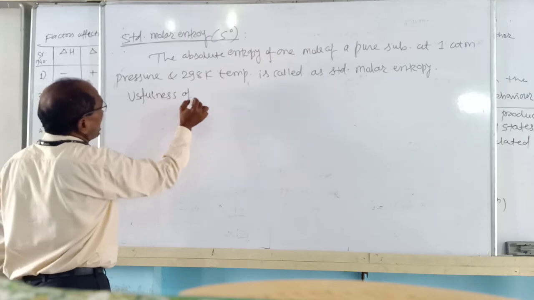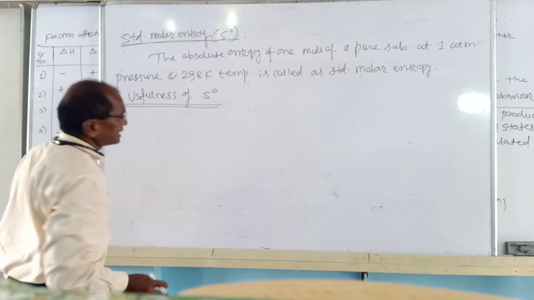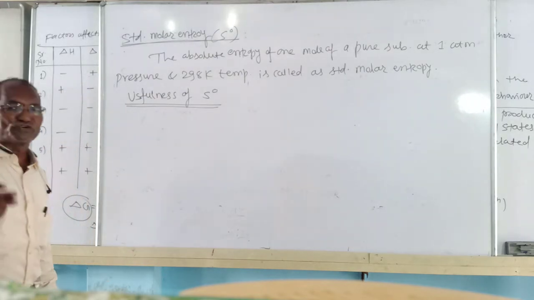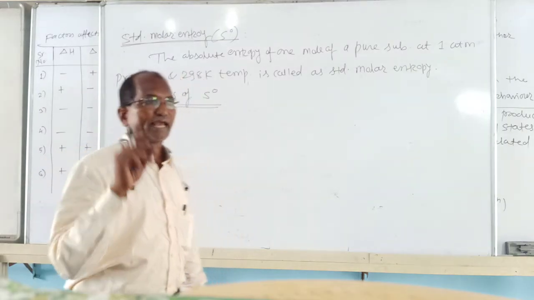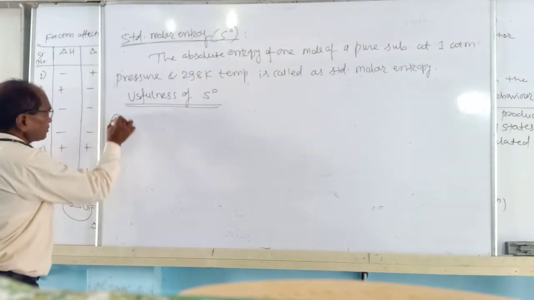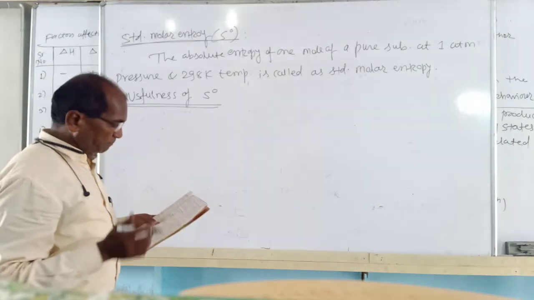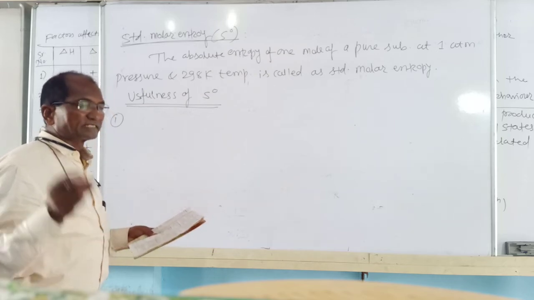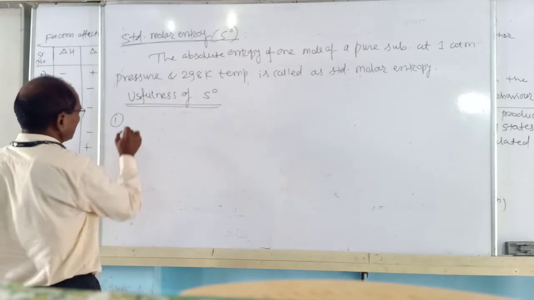Usefulness of S0, that is standard molar entropy. There are 5 different uses of standard molar entropy. Number 1, it is useful to compare the entropies of different substances under similar conditions of temperature and pressure.